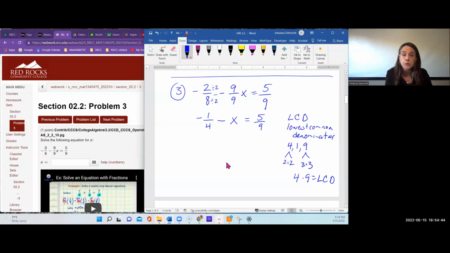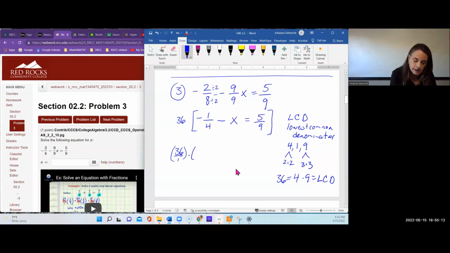And now we're going to multiply every term on both sides of the equal sign by the lowest common denominator. We're going to put the whole thing into parentheses, and we're going to put the product, which is 36, on the outside. Then we're going to multiply 36 times negative 1 over 4. Remember that you can think of this as 36 over 1 times negative 1 over 4.